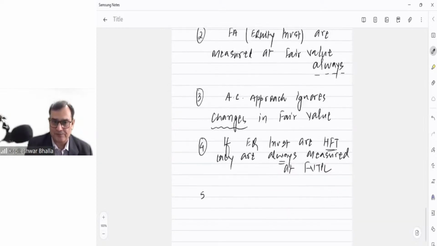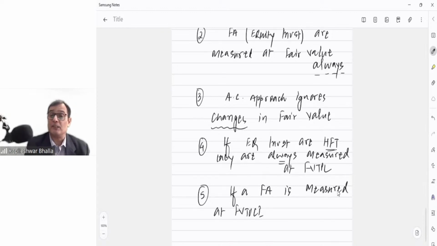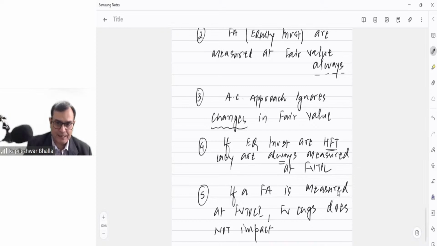And number 5: if a financial asset is measured at FVTOCI, fair value changes do not impact EPS of the current year.